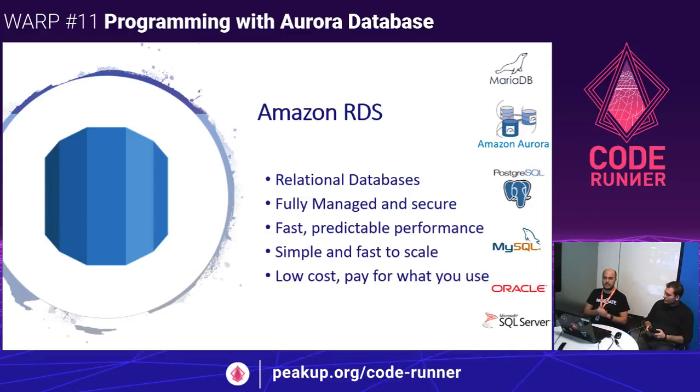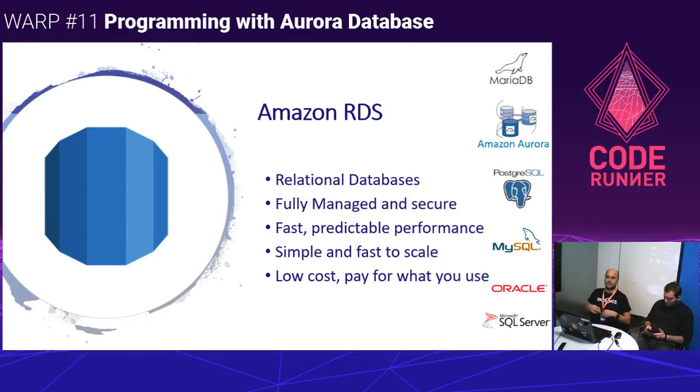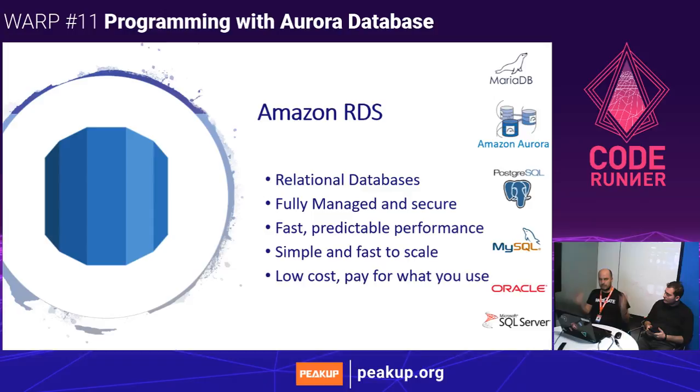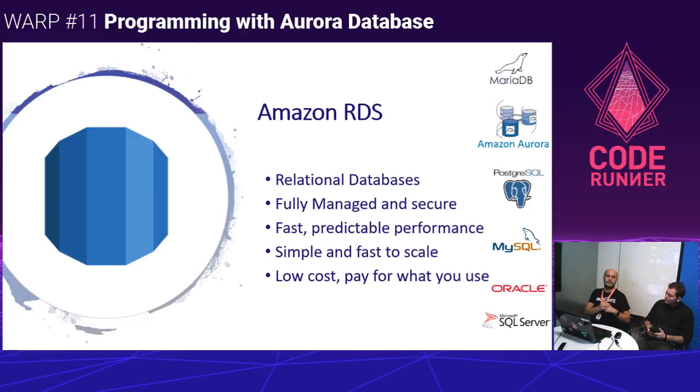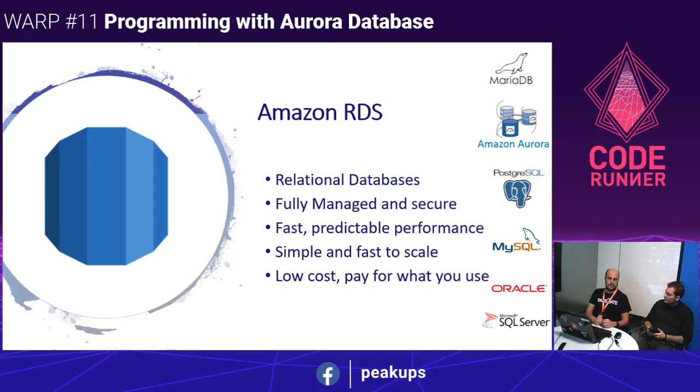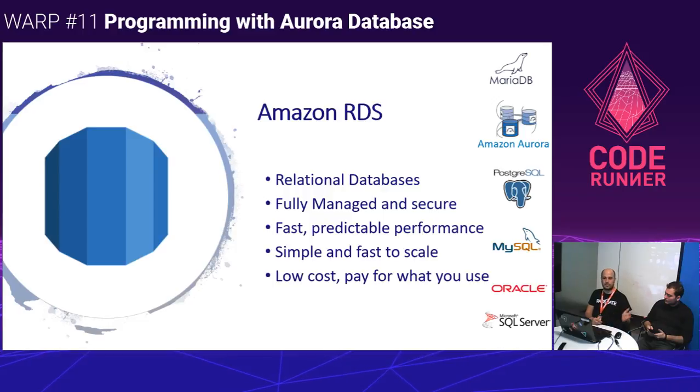They're all relational databases, all fully managed, they all have predictable performance, and they're all fast because of the AWS infrastructure, simple to use, fast to scale, and you just pay for what you use. So the database systems are MariaDB, PostgreSQL, MySQL, Oracle, and Microsoft SQL Server.